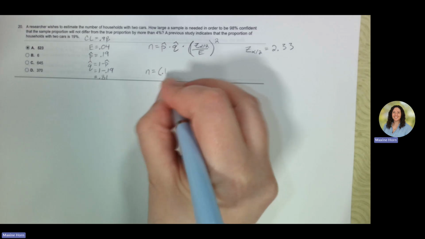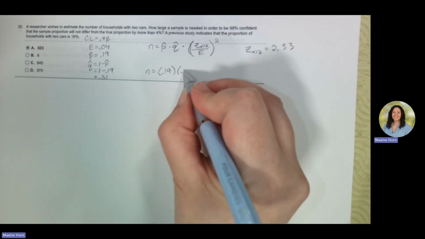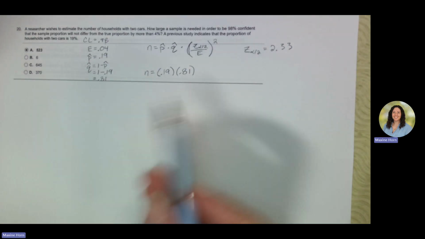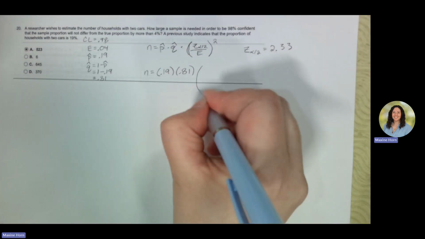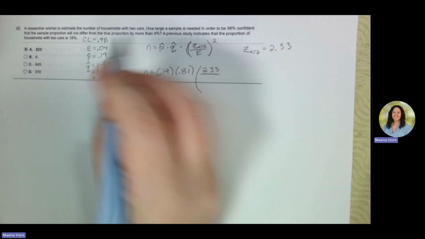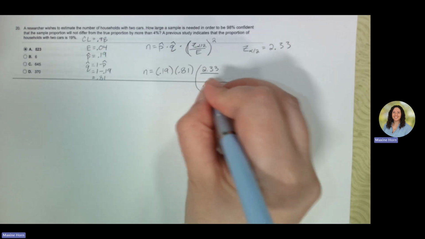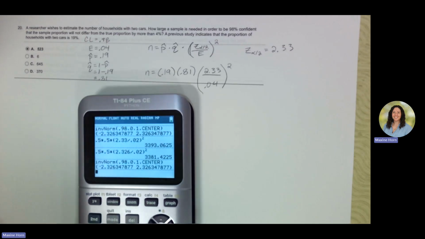Okay, so we have 0.19, that's our p-hat. Our q-hat is 0.81. Our error was 0.04. Okay, so we're going to plug this all in.